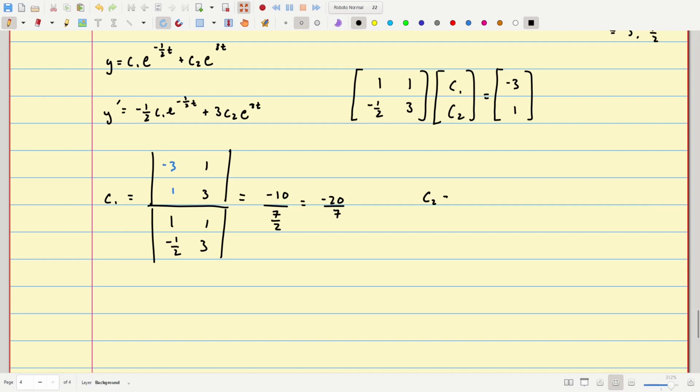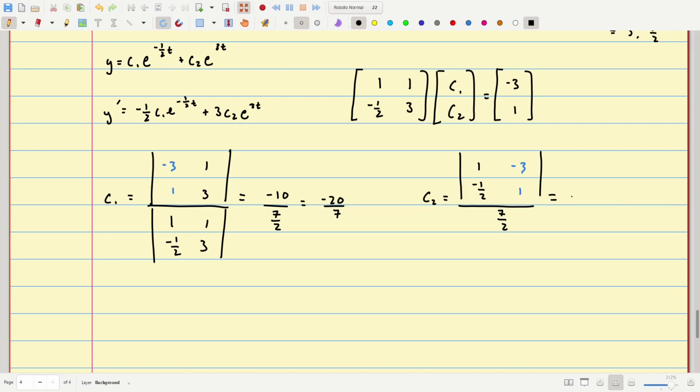For C2, it's a similar process. We just replace the other column this time. And we've already computed this denominator, so there's no need to repeat that calculation. So we're going to get 1 and then 3 negative signs.